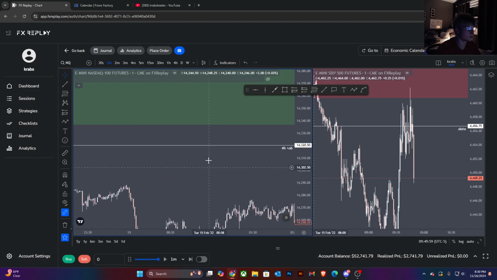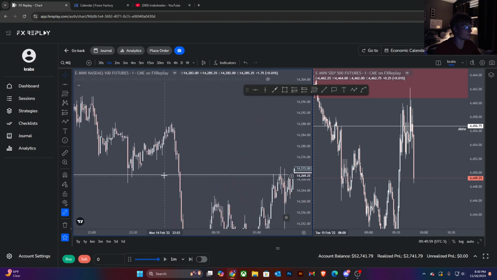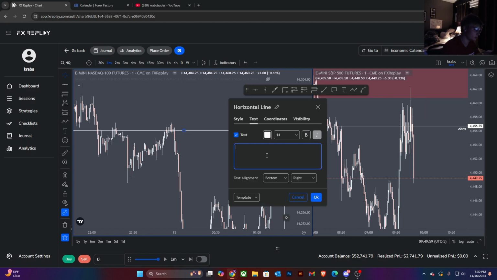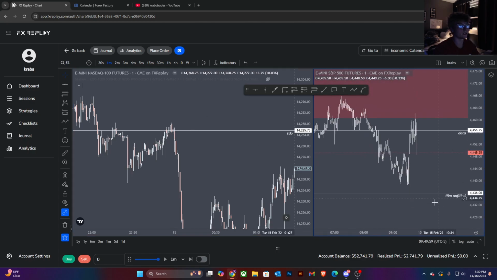Before I forget, let's mark that up. Looks like true day opens lower as well, so that makes shorts look even better, in my opinion. Right there, that midnight open, true day open. Let's also mark that up on ES.